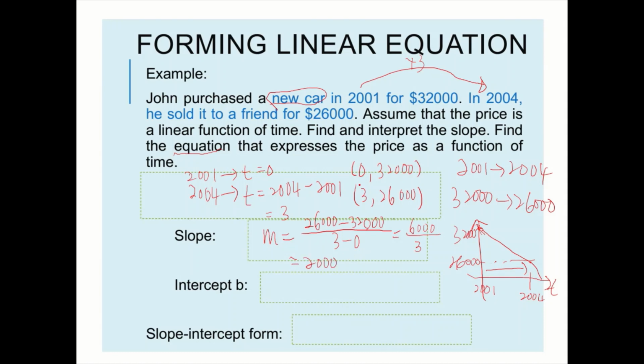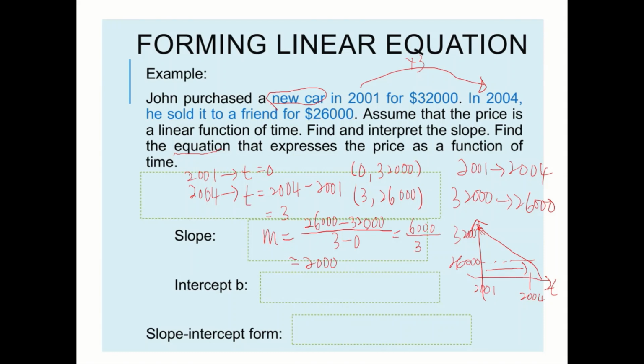Now it makes sense: on average, for every year, the price of the car reduces by 2,000. So after 3 years, the price of the car reduced by 6,000.